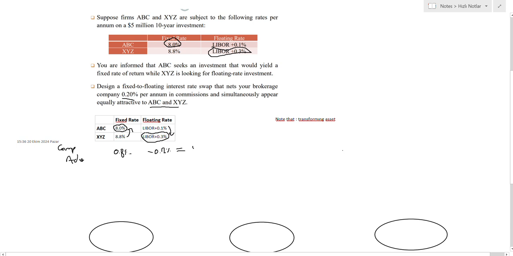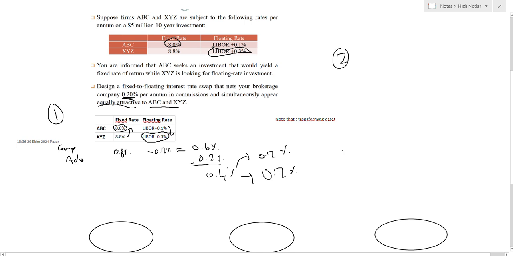If we add these two, 0.6% is what we will find, but we will have commission, therefore we need to subtract that number and find 0.4% as our net comparative advantage. So then let's share this 0.4% equally with each company, which is 0.2. Let's say this is the first step.